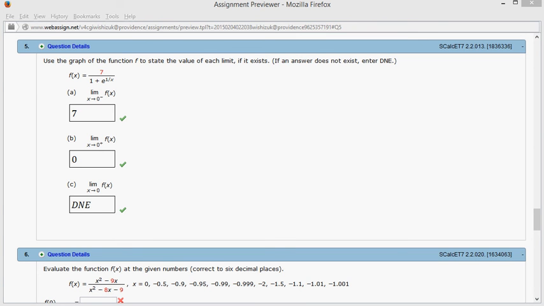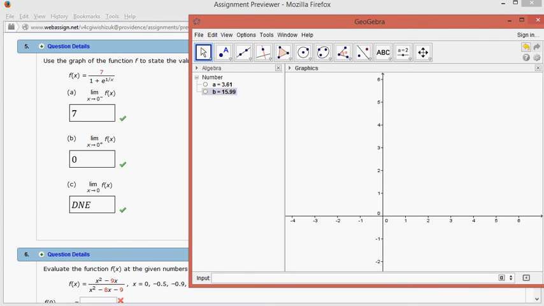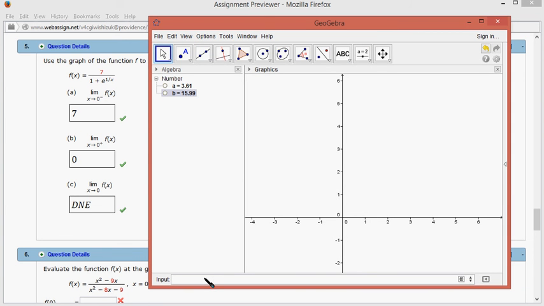Just for the heck of it, let's try to sketch this and see what happens. I'm going to sketch this graph. f of x is equal to 7 over 1 plus e to the 1 over x. So the graph is going to look like this.